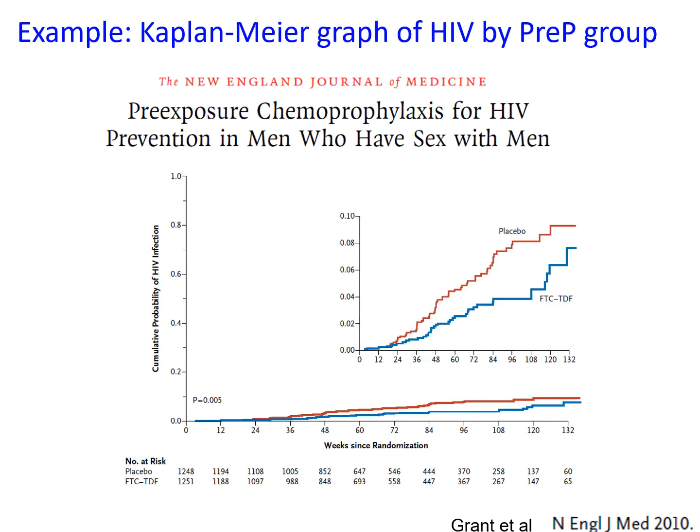And just to show you from this paper, the group presented Kaplan-Meier estimates, which I told you about in part 1, and they showed the Kaplan-Meier estimate of the cumulative risk of having HIV infection for those in the placebo group and those in the group who took PrEP, FTC, tenofovir.